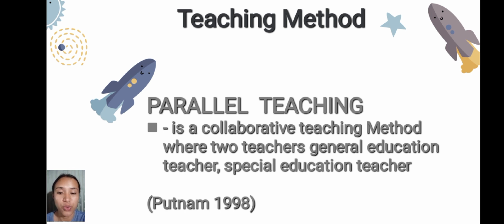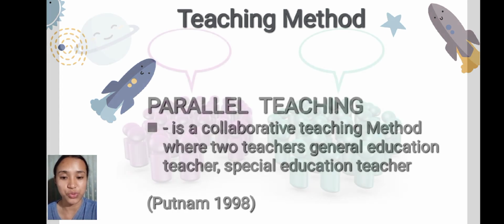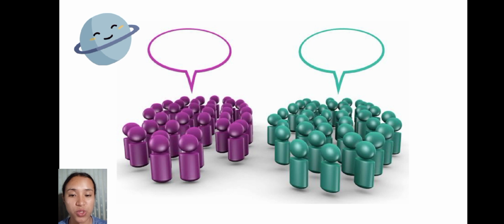By that, it also increases their participation inside the classroom. While for students without disability, it is also important for them to focus inside the classroom and at the same time to avoid discrimination. This picture shows how the parallel teaching model is portrayed.